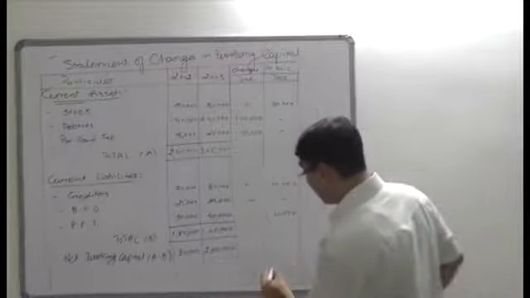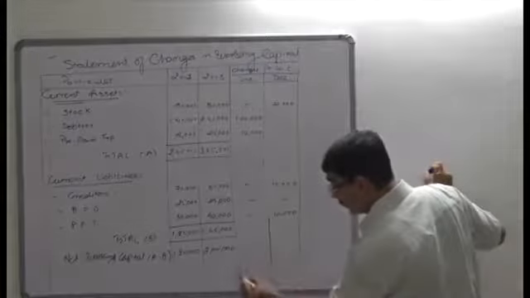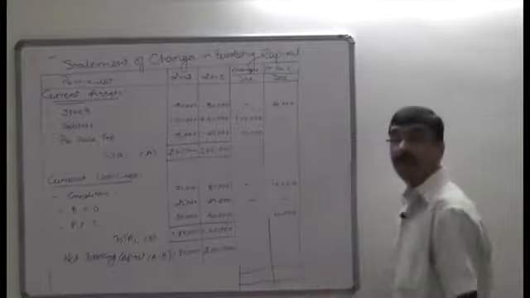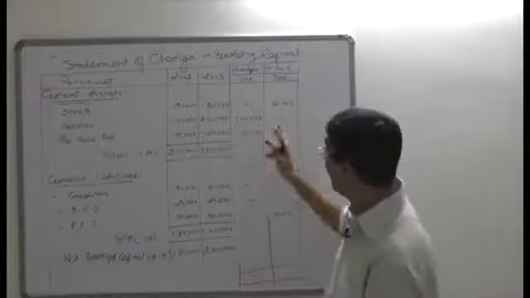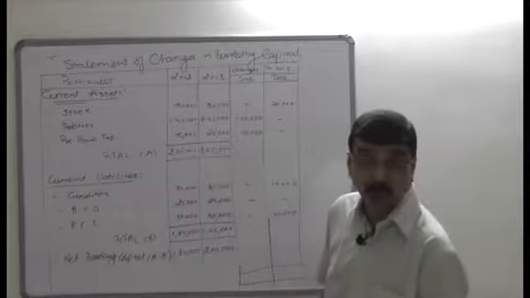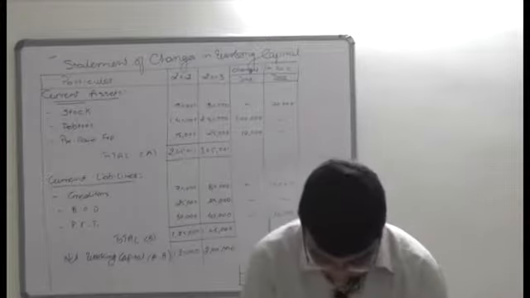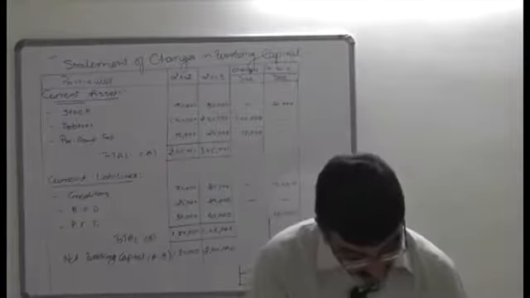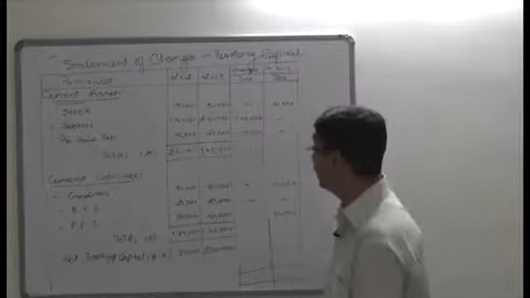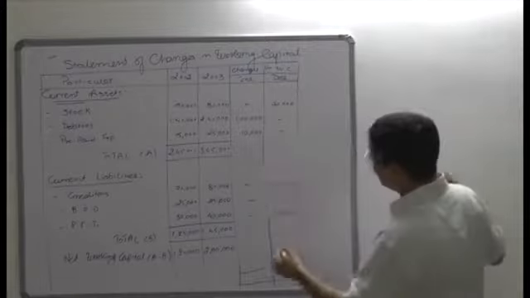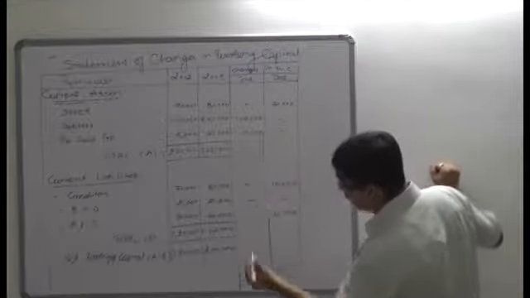Now from this comparison, and also from the last two comparisons, we need to identify whether we have an increase in working capital or a decrease in working capital. So ultimately this shows in which direction the working capital has changed. Now just make a total and see which side is higher.